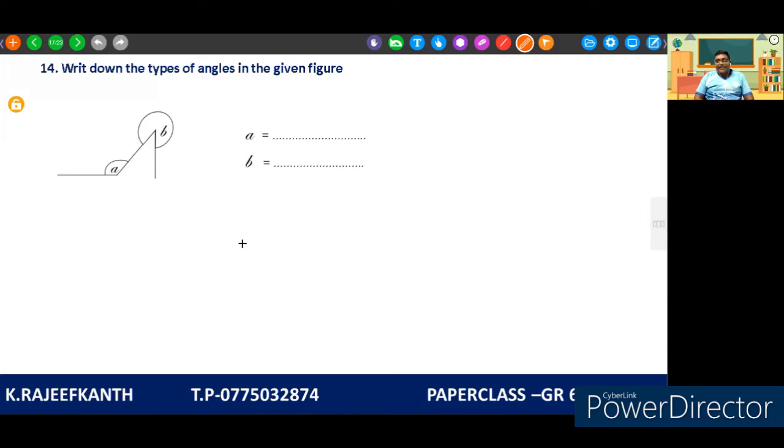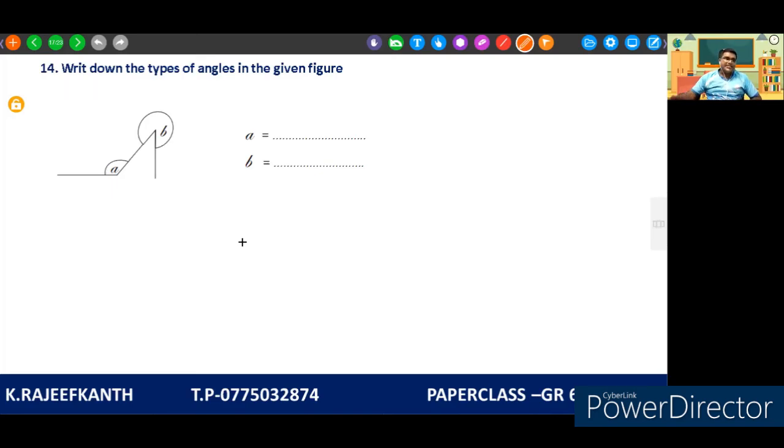Here they have marked angles A and B. So if it is less than a right angle, then we call that angle an acute angle. If it is more than a right angle, then we call that an obtuse angle. If it is more than 2 right angles, then we call it a reflex angle.